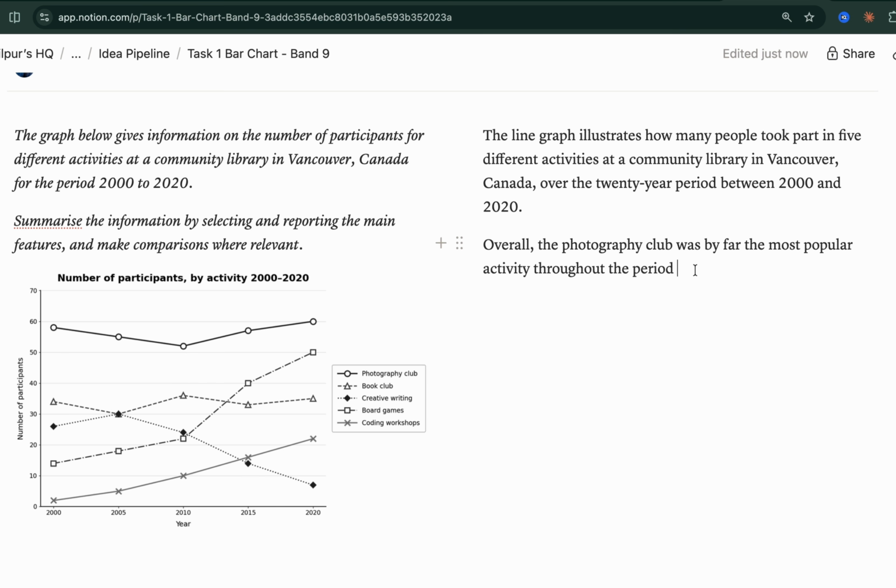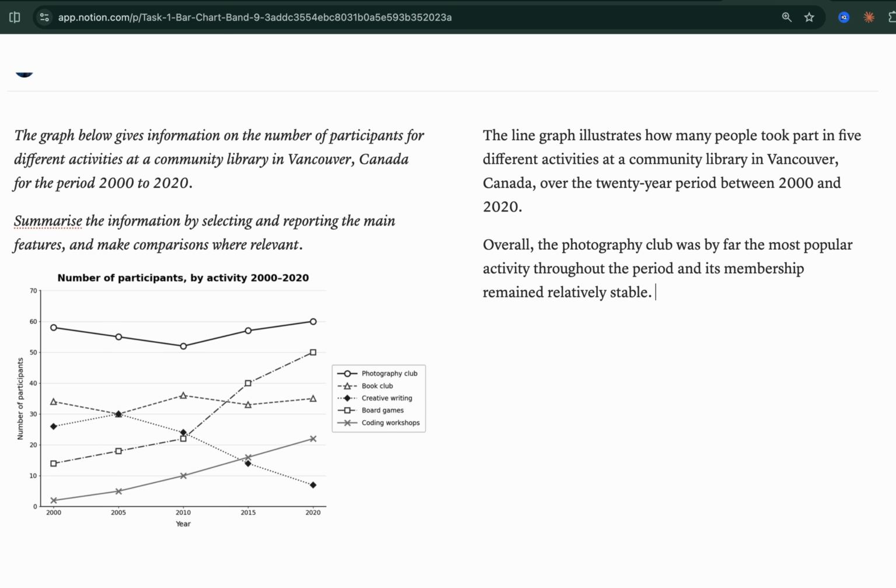So, period, and its membership remained relatively stable. Well, I talked about this photography club, which you can see is the highest line over the period.